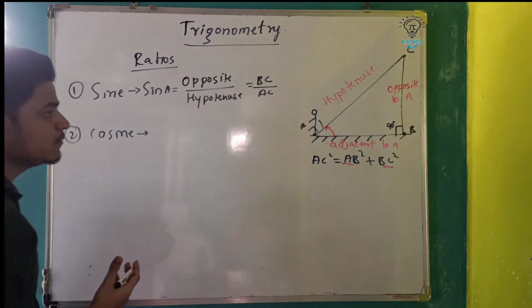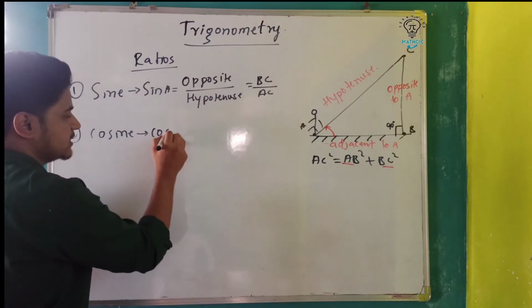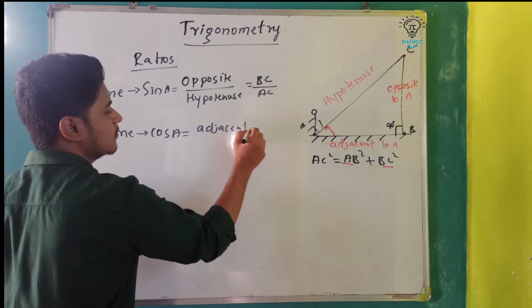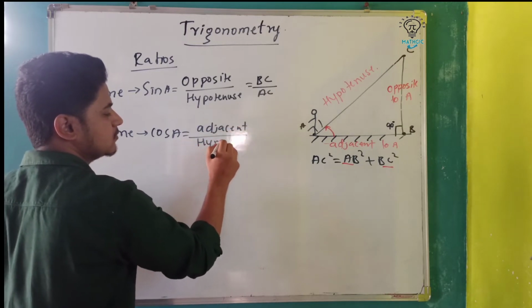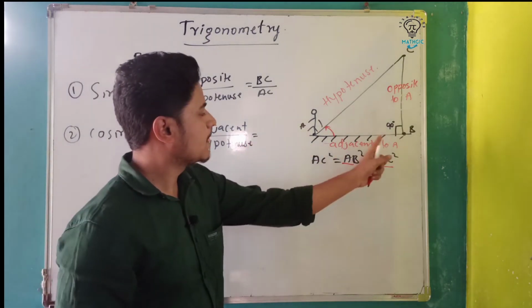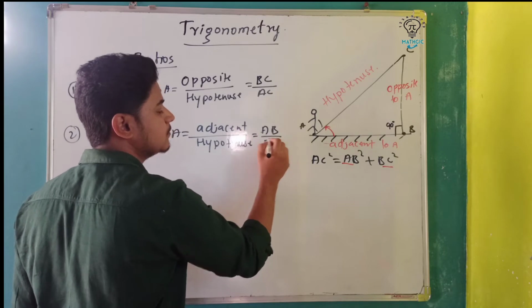Second, cosine. Cosine is the ratio of adjacent to hypotenuse, written as cos. So in this triangle it is AB by AC.